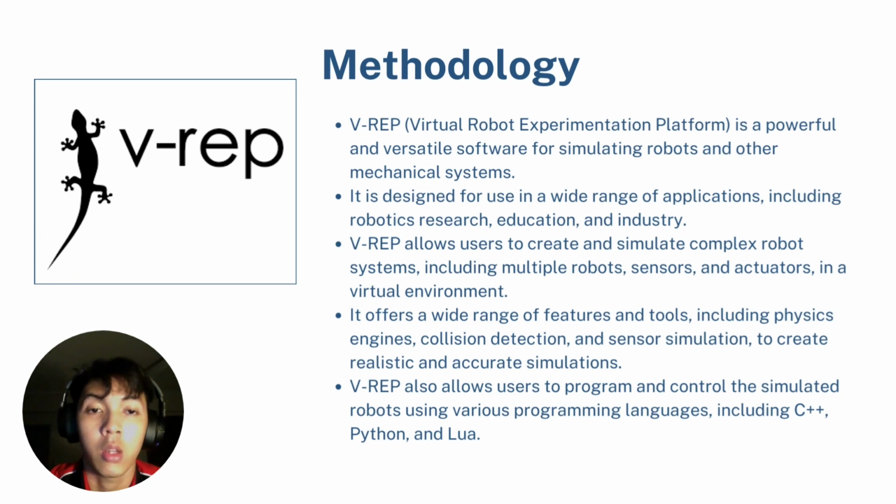VREP allows users to create and simulate complex robot systems, including multiple robots, sensors, and actuators, in a virtual environment. It offers a wide range of features and tools including physics engines, collision detection, and sensor simulation to create realistic and accurate simulations. VREP also allows users to program and control simulated robots using various programming languages including C++, Python, and Lua.